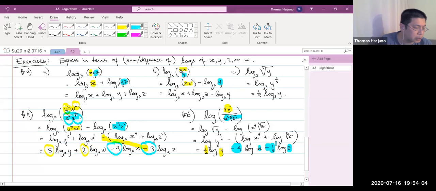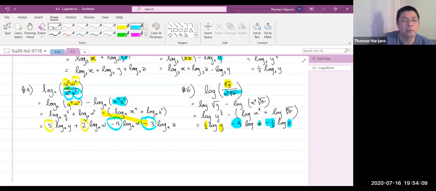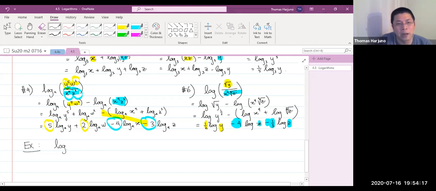Now, suppose for example, I do another example, but I hope we can do it super fast. So basically, if I have log base a of x to the 5th, 4th root of y, and then z squared, and cube root of w squared.